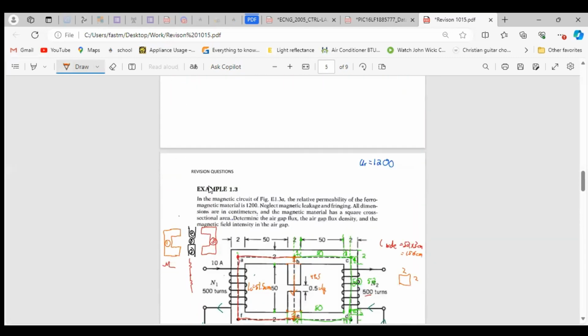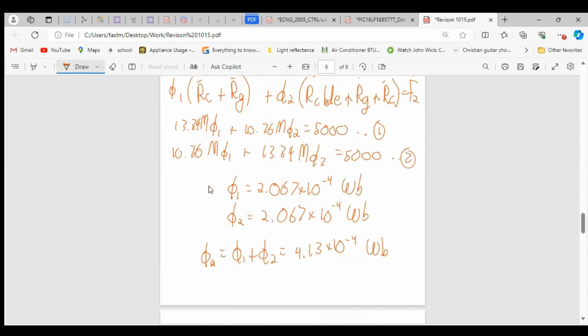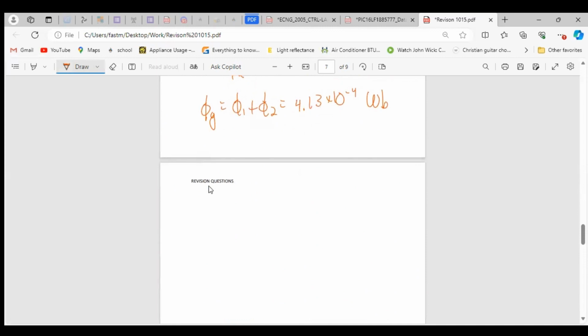The second thing I wanted, now that we have the air gap flux, is the air gap flux density. Luckily for us, we have our equation for flux density. We know phi is equal to B A, so in this case phi G is equal to BG times AG.